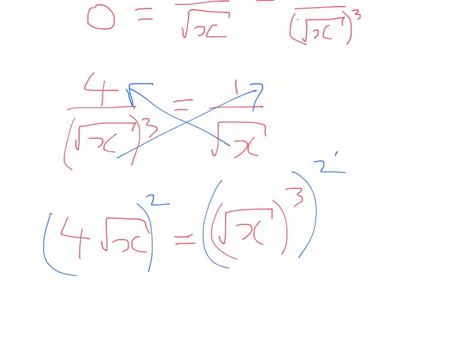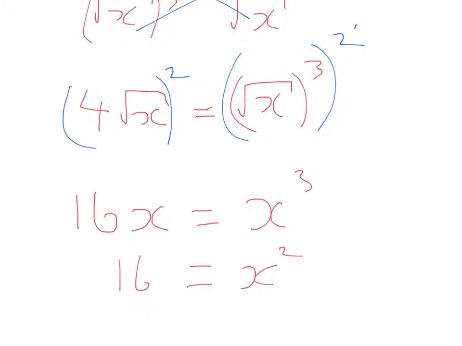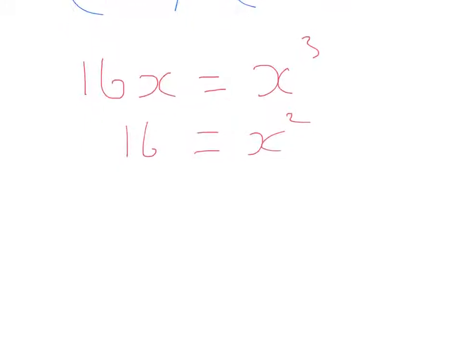So what I'm left with here is 16x equals x to the 6 divided by x cubed. 16 equals x squared. So then we square root it, x equals plus or minus 4.